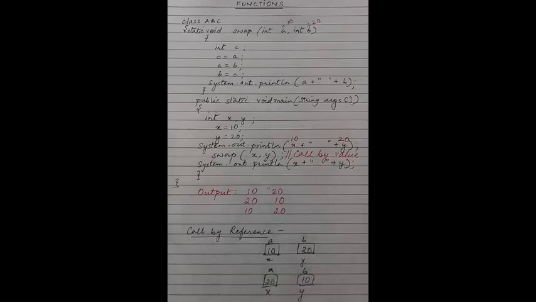Please note them down. So this is the table which I am making, function call by value and function call by reference. First point under function call by value.